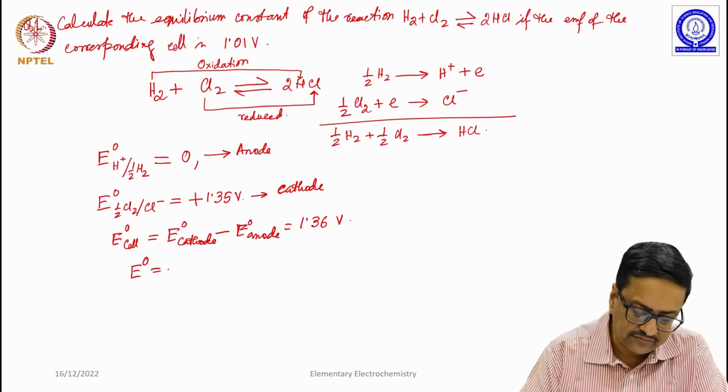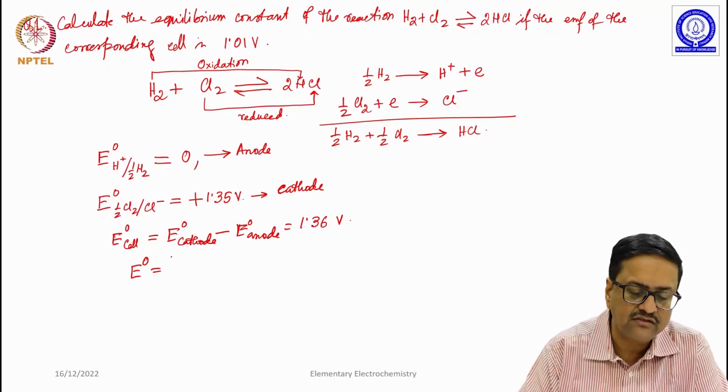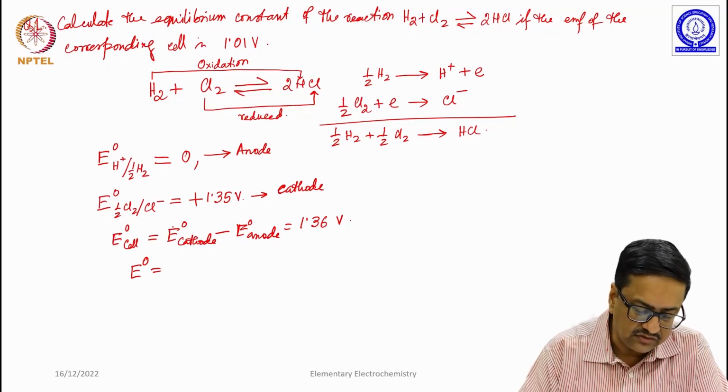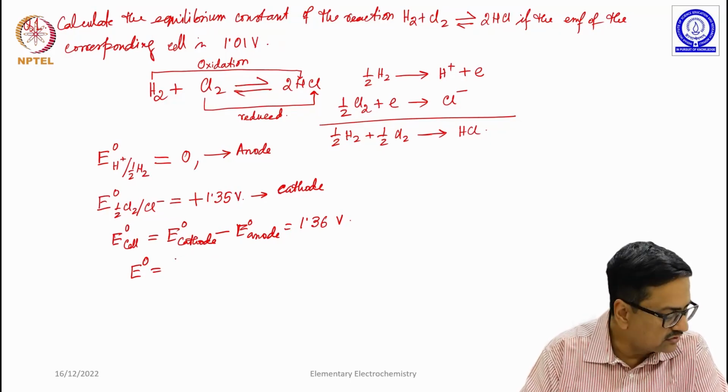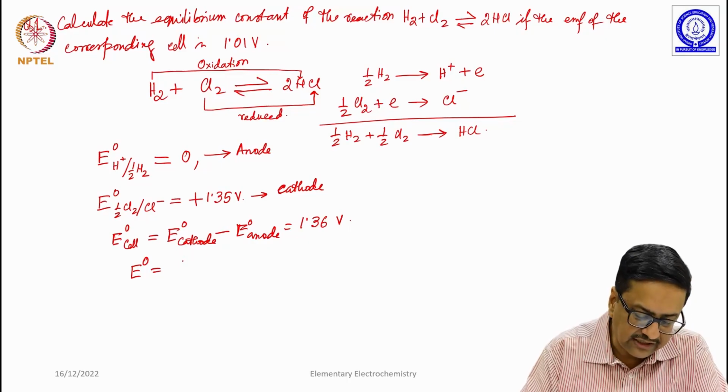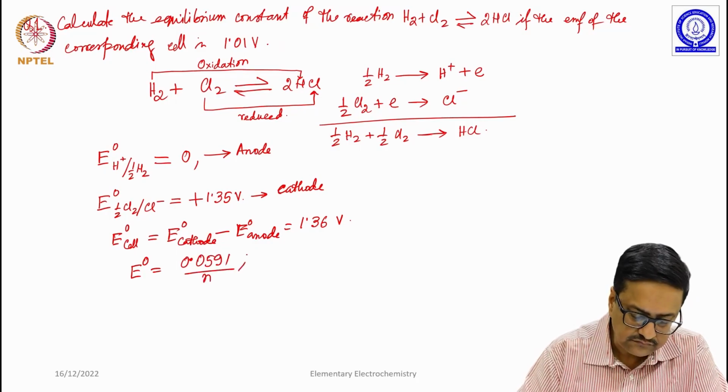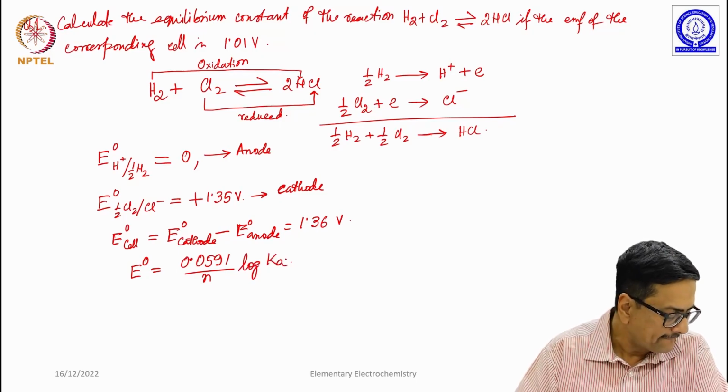Now from our previous class, the Nernst equation, E0 is equal to RT by NF, and when we use T equal to 298 Kelvin, this constant turns out to be 0.0591 by N log Ka.